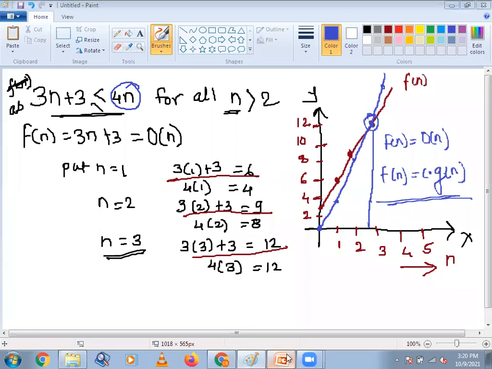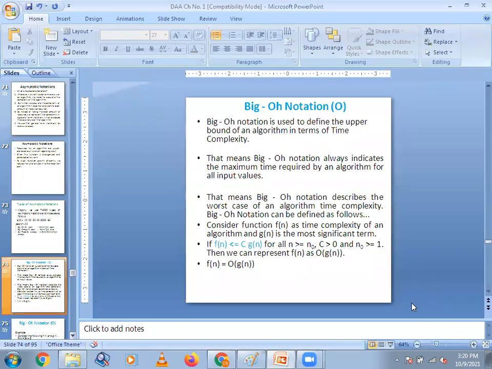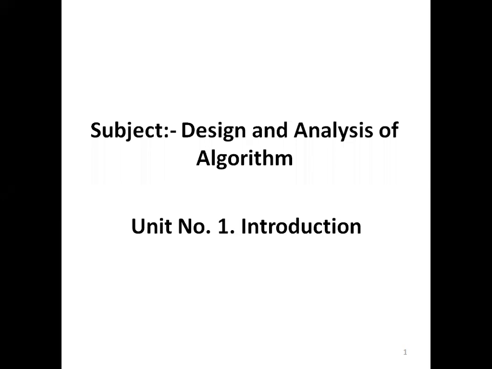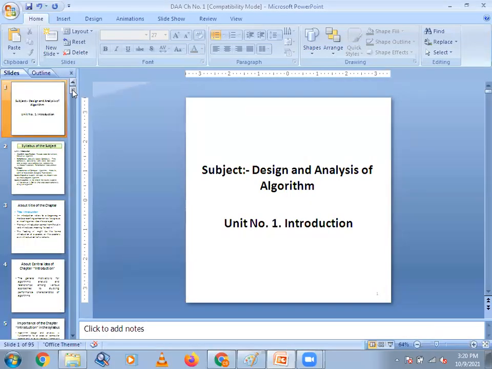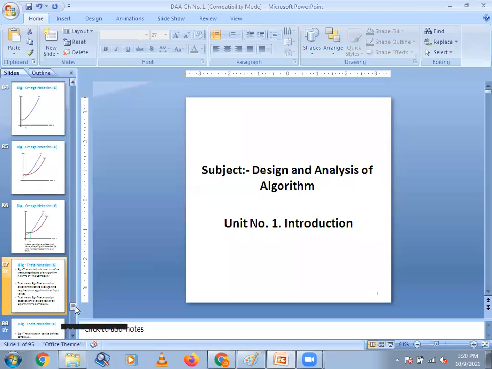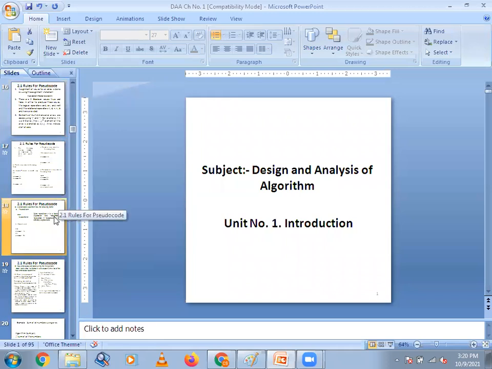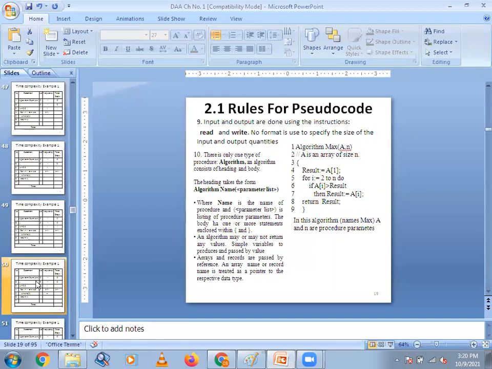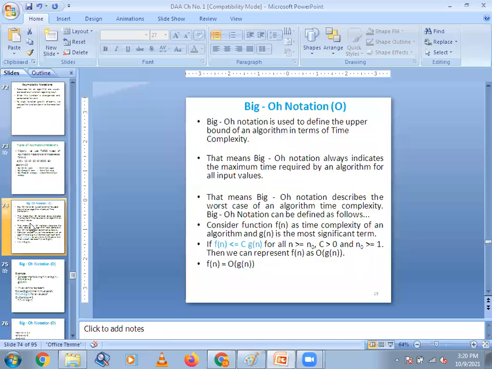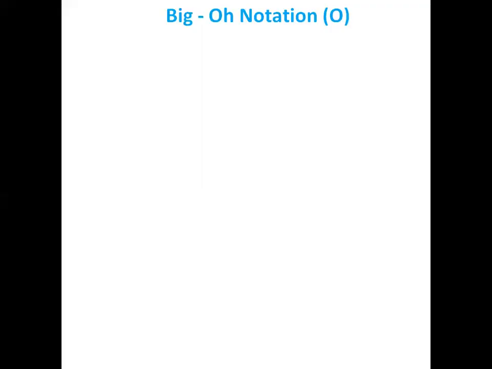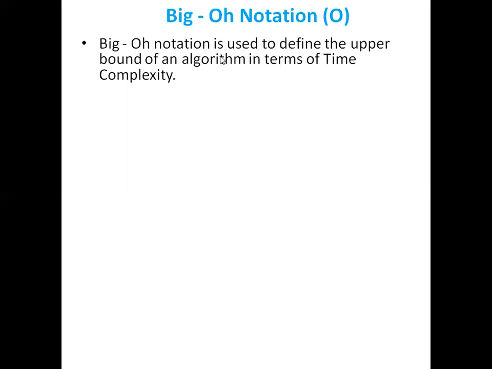Okay, so we move to our slides. Big OH notation is used to define the upper bound of the algorithm in terms of time complexity.